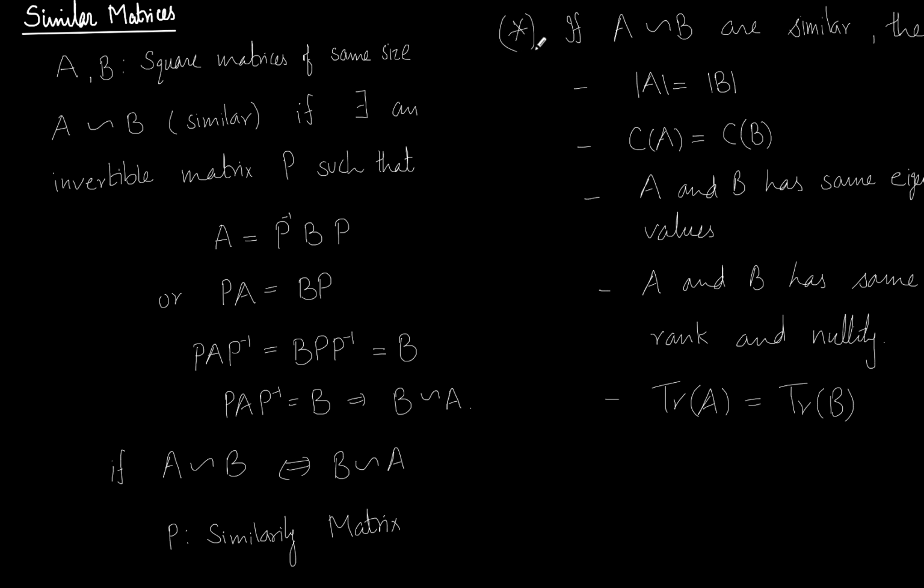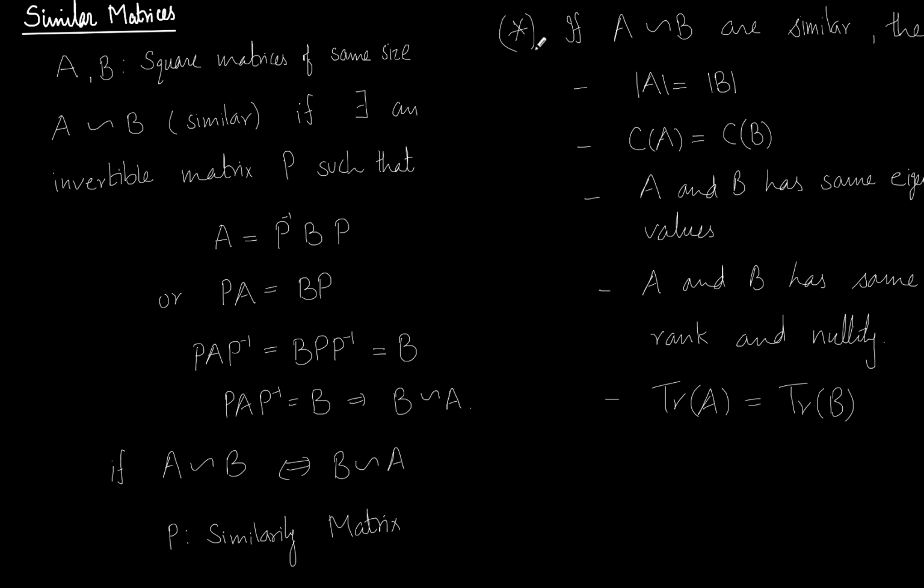So these are some properties of similar matrices. Due to this variety of invariants, similar matrices are very important. But one thing you have to keep in mind is that the converse of these properties does not hold. Suppose you have two matrices A and B whose traces are the same, they need not be similar.